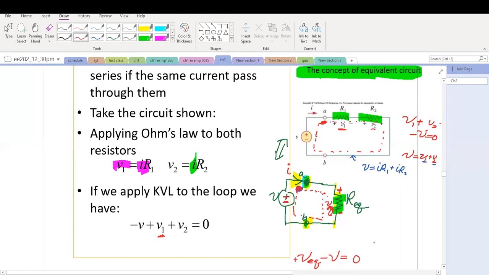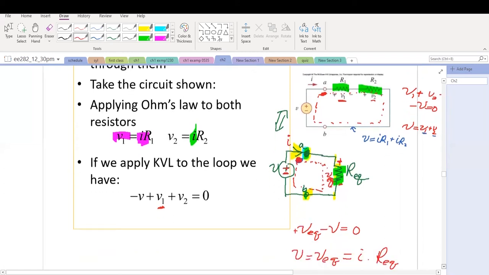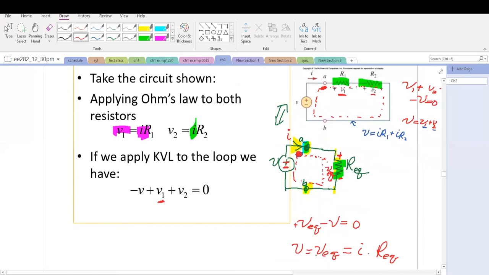And from here, we can see V equals VEQ, and the current is flowing in this direction. So Ohm's law applies. That equals I multiplied by Req. For these two circuits to be equivalent, V has to be the same, I needs to be the same. So let's mark this.